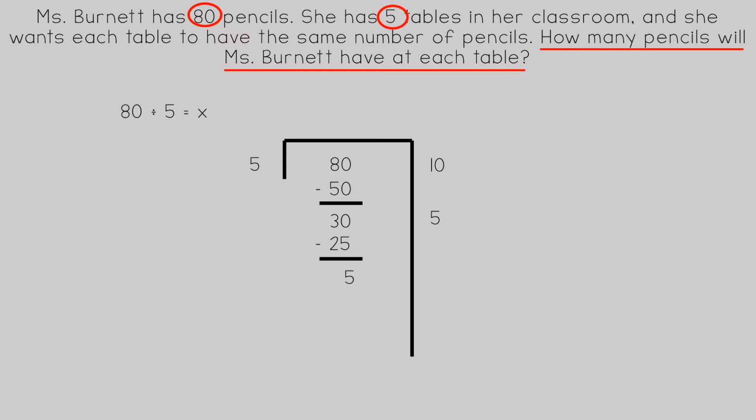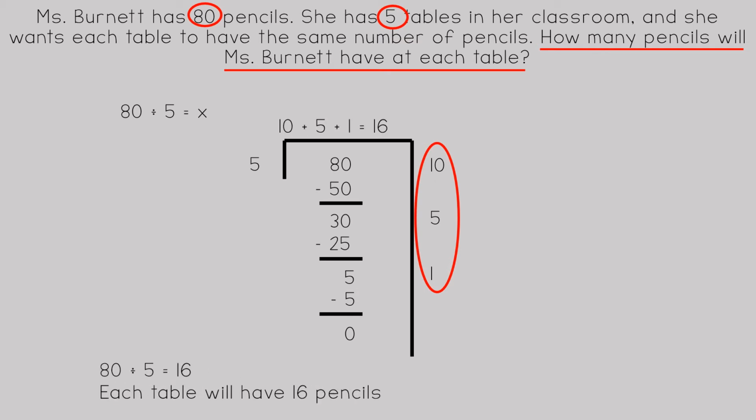So then I have 5 pencils left over. I know I could do 1 pencil at each table because 1 times 5 is 5. And then I have no pencils remaining. When I add up the numbers on the side, 10 plus 5 plus 1 equals 16. So each table will have 16 pencils.